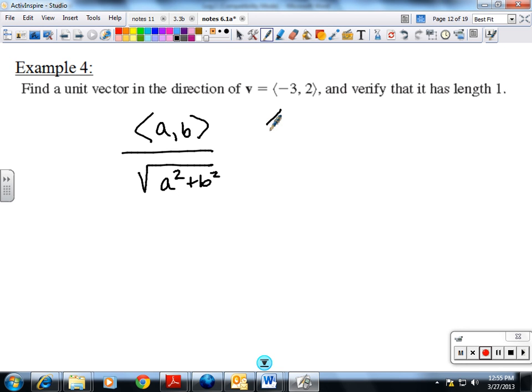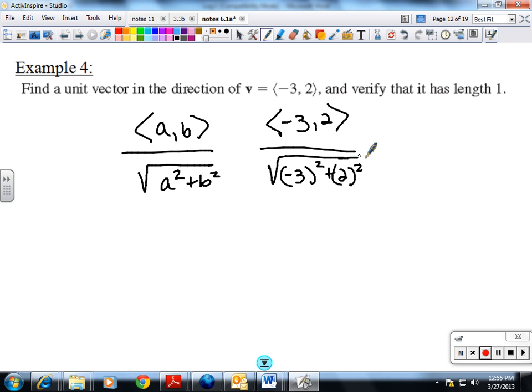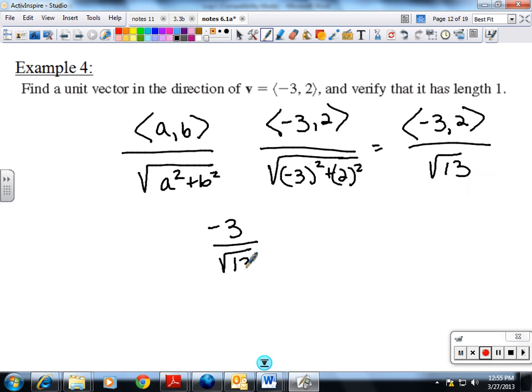So you just do (-3, 2) divided by the square root of negative 3 squared plus 2 squared. That's 9 plus 4, the square root of 13. So it'll be negative 3 over the square root of 13, comma, 2 over the square root of 13.